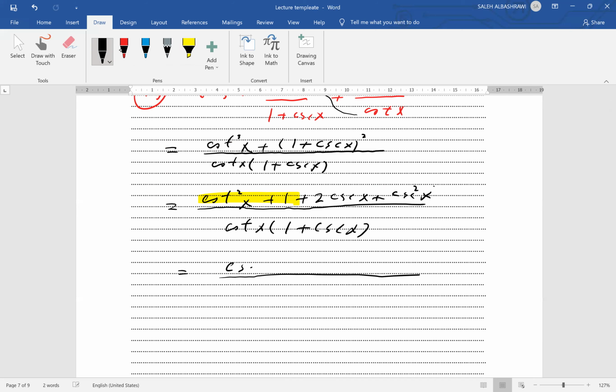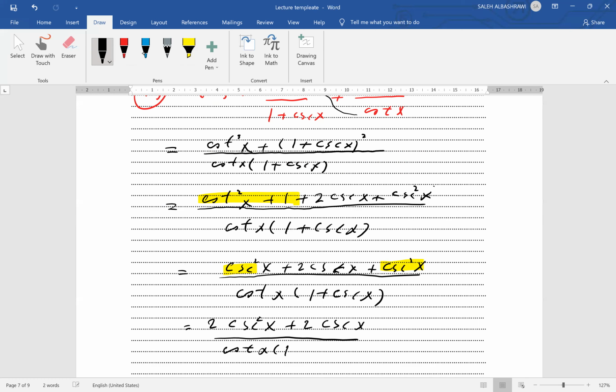So I will have cosecant square x plus 2 cosecant x plus cosecant square divided by cotangent of x times 1 plus cosecant of x. If we add cosecant square with cosecant square, I will have 2 cosecant square plus 2 cosecant of x divided by 1 plus cosecant of x.